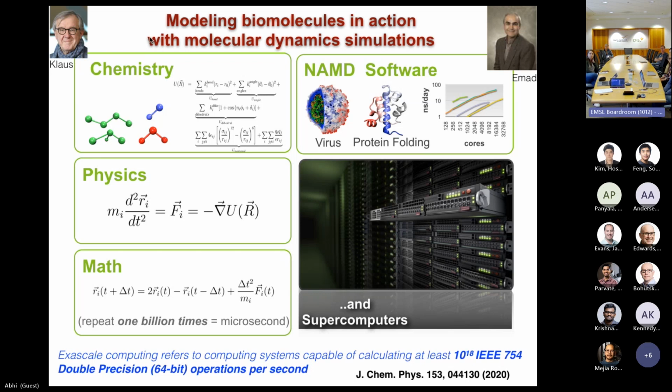Molecular dynamics is actually a very, very simple thing. You take all the chemistry of a system, where we know that electrons are delocalized between nuclei, and the first major approximation you make is that they're not. A molecule is made of balls and strings, each atom being a ball, and each spring being a bond, and the strength of the spring tells you how strong the bond is, weak or strong.